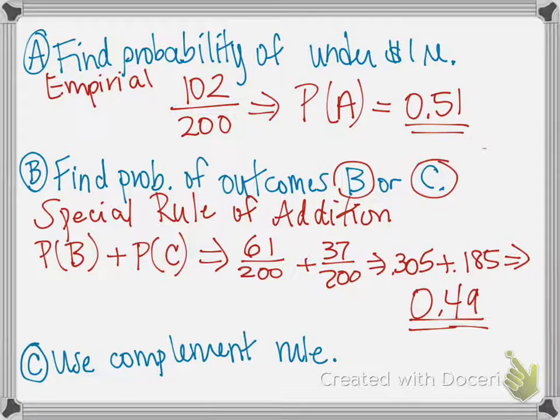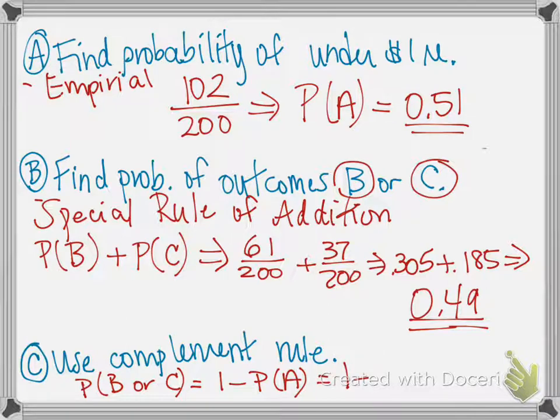And so really when we look at the relationship here between A and B, B says find the probability that the firms make at least $1 million. And A was find the probability that they don't. So really to find the answer to B, instead of using the special rule of addition, we could have just used the complement rule, where we said that the probability of it being B or C is equal to 1 minus the probability of A occurring.